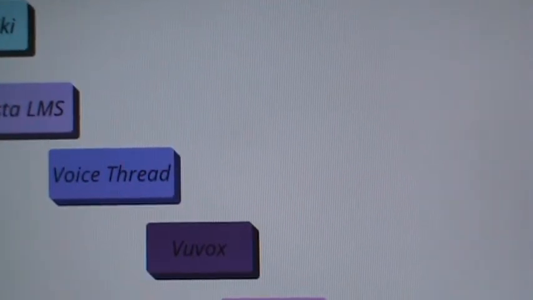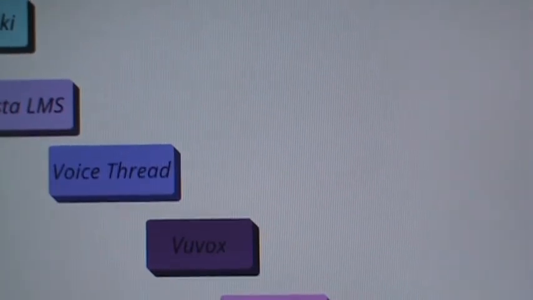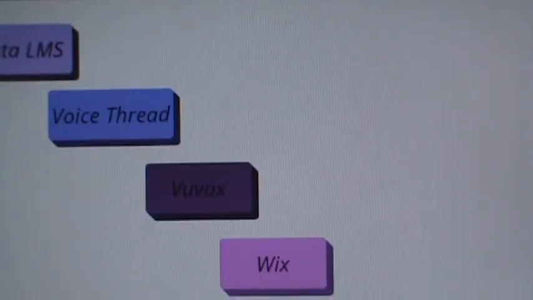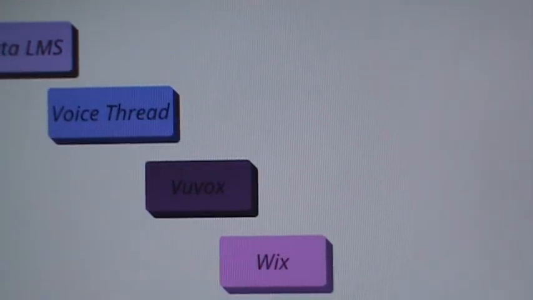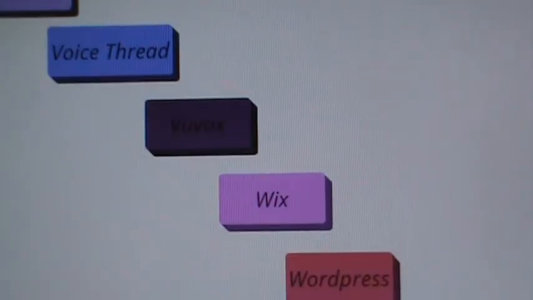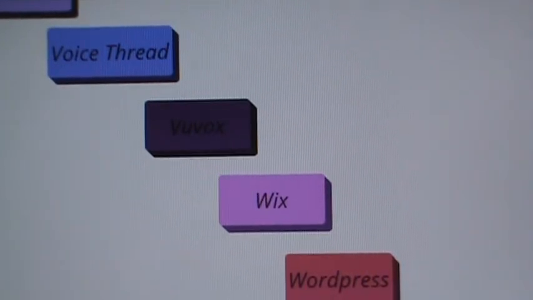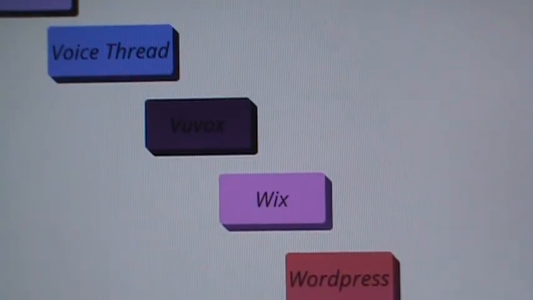Next, we have VuVox. VuVox was a fun one. I think I did a Piaget. We had the Piaget-Vygotsky wars with the VuVox, and I did a Piaget presentation. If you looked at my supplementary material, not my assigned artifacts that I chose, but my supplementary ones, the VuVox is there.